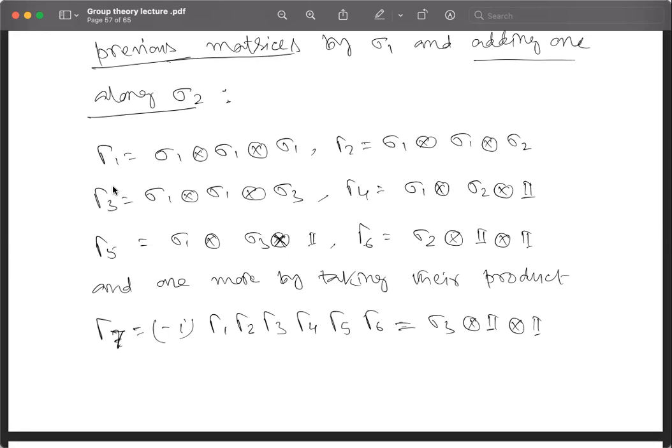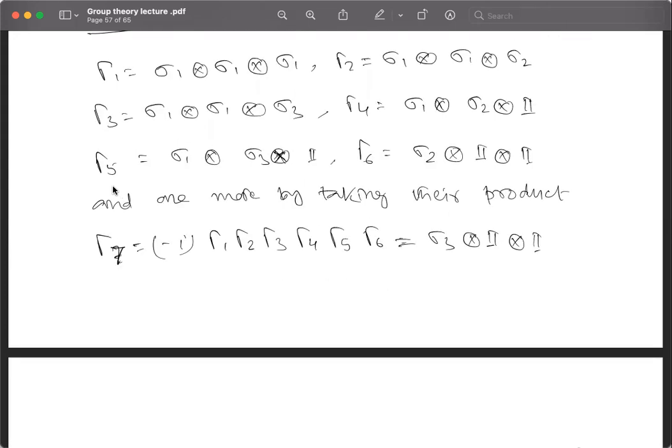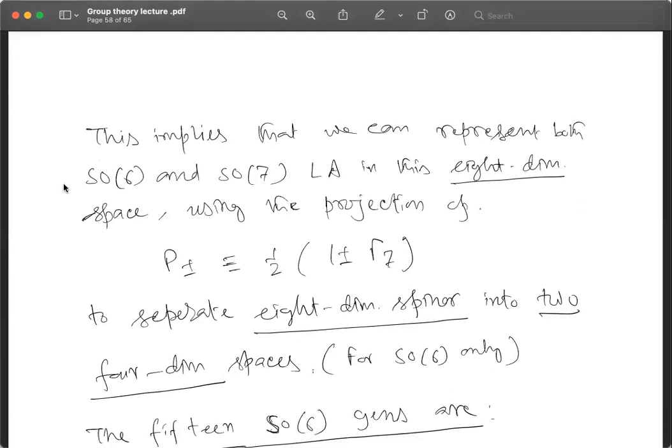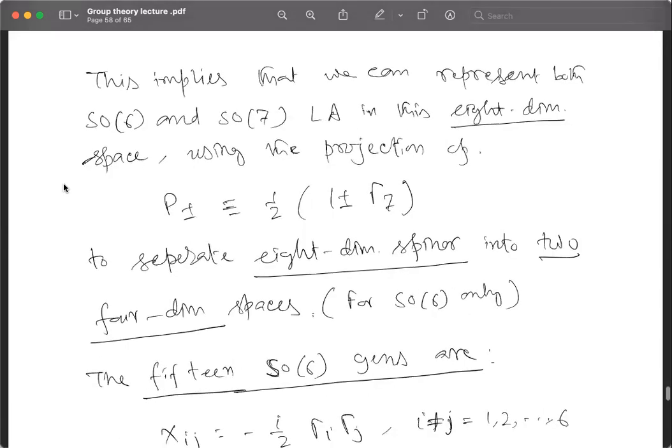So this is actually mimicking the structure of the earlier case in the 4th dimension, right? This is the way we can proceed in a cascade, and we can construct higher and higher dimensional Clifford algebras. So this implies that we can represent both SO(6) and SO(7) Lie algebras in this 8-dimensional space, using the projection operators P^± = (1/2)(1 ± γ_7).